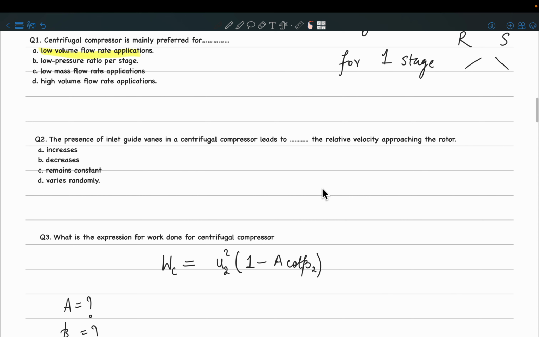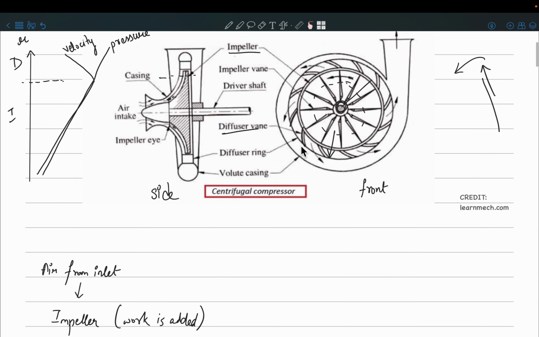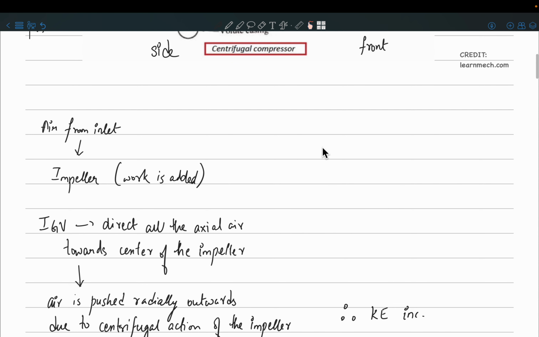See, the inlet guide vane, like you said, is going to guide the air from all the locations. Coming back to this diagram, from all the locations, it is going to guide it towards the center, right? If you see more carefully, sometimes the inlet guide vane is like this. I'll probably draw it. This is the impeller blade, and you have to imagine in 3D that there is a guiding structure over here.